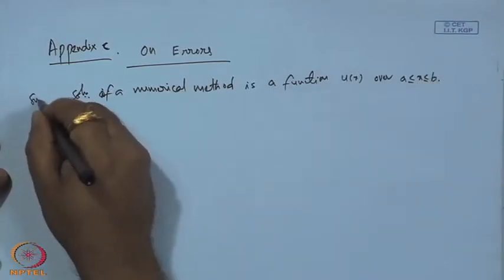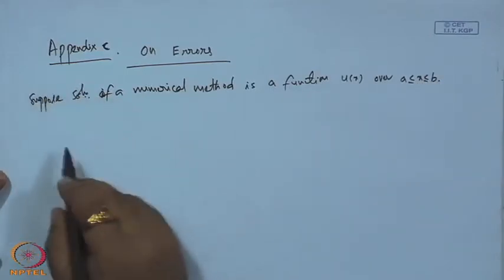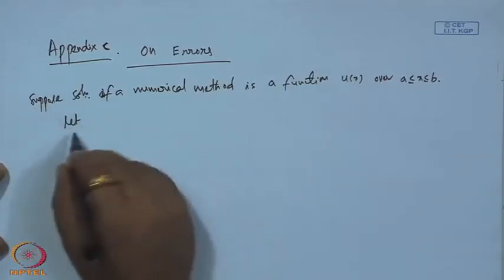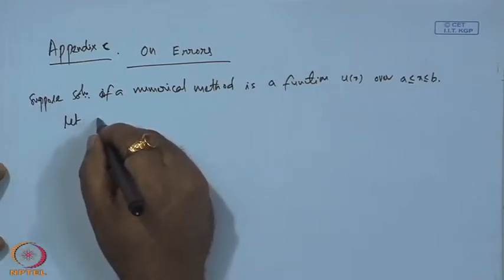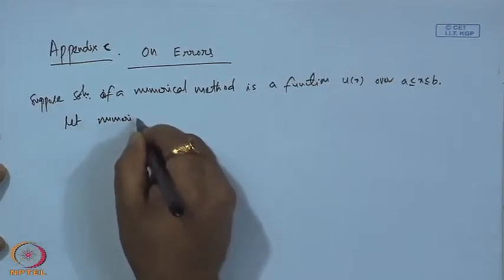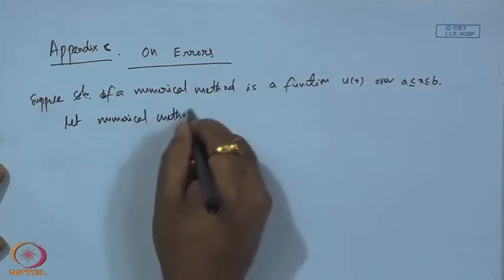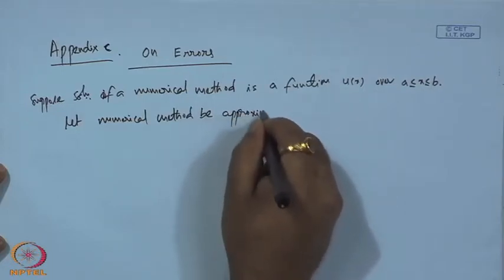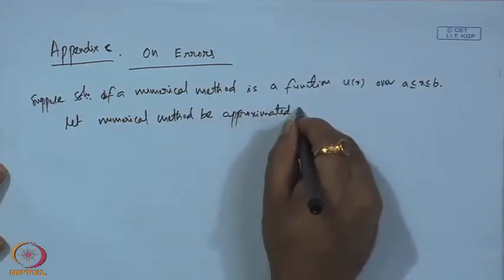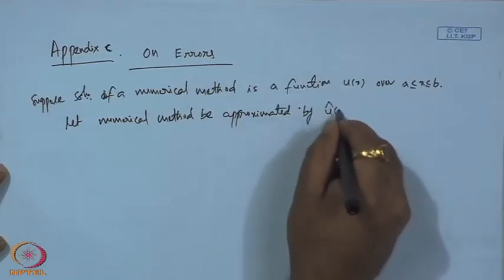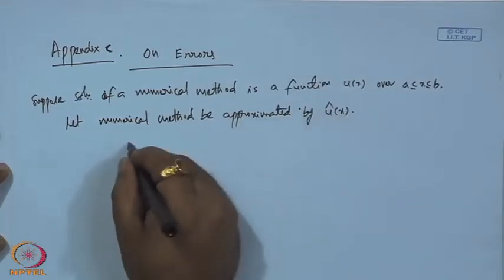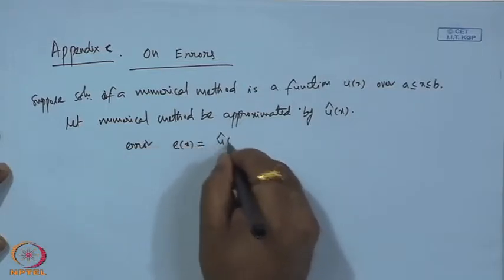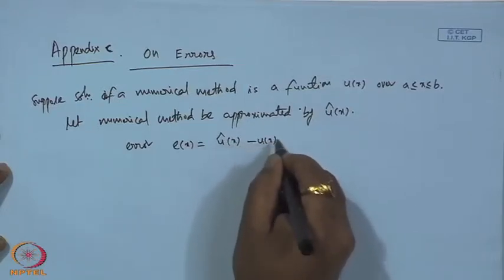Okay. So, suppose the solution of a numerical method is a function, then let the numerical method be approximated by this. Then we define the error function. Okay.